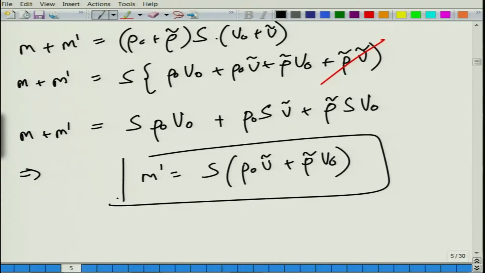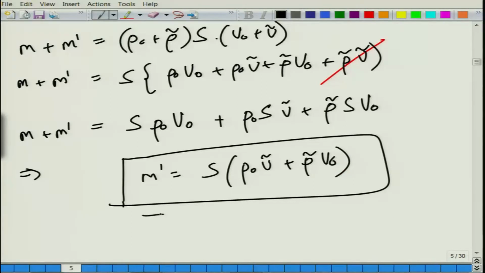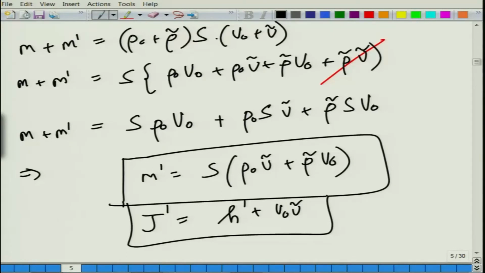So, we have another relation: the perturbation mass flux m dash is equal to S, the cross section, times (rho naught u tilde plus rho tilde u naught). I will rewrite the perturbation stagnation enthalpy H dash like this. Okay, so this is what we get.